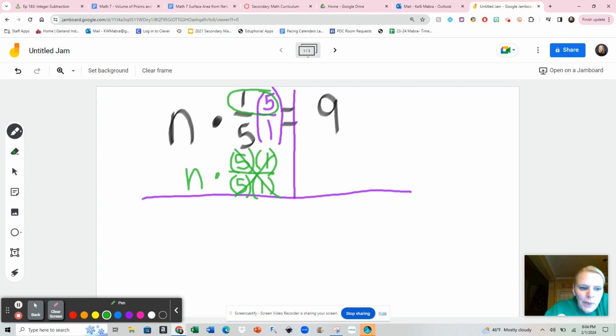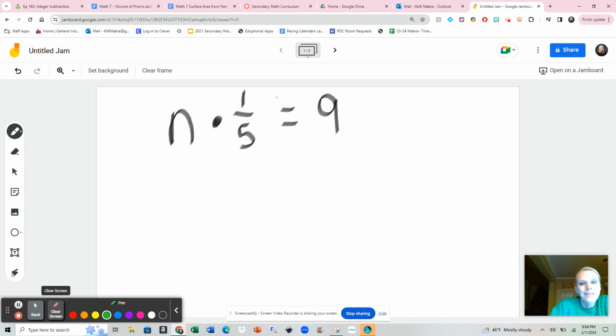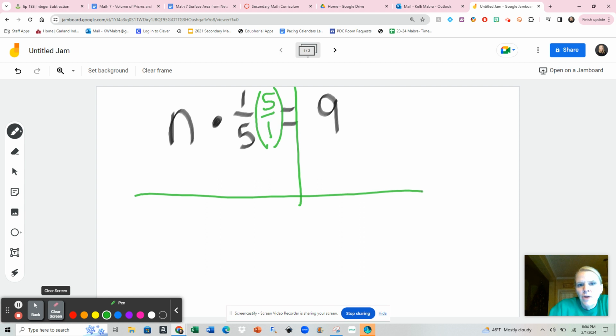But this right here is the fraction, the reciprocal that you're multiplying by. So what you do on one side, you're going to do to the other side. All right, so there's my process again. All right, so I'm going to multiply by 5 over 1.